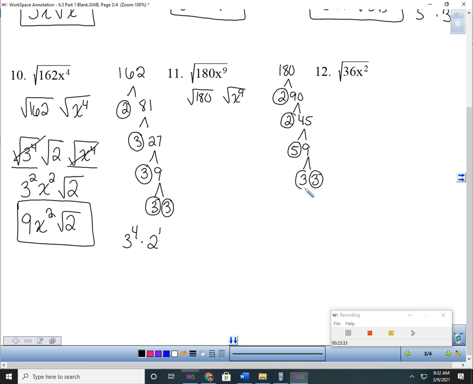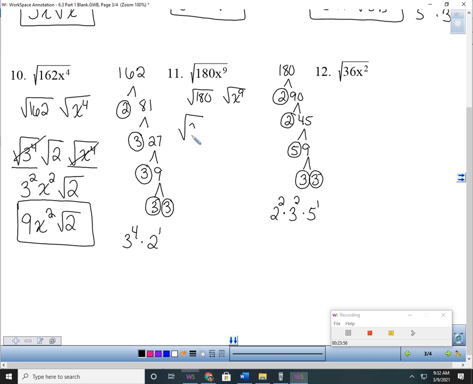So this is the first problem where we have had 3 different numbers, right? So we have 2 2s. We have 2 of the 3s. And then we have a 5 to the first. So look at each one of them individually. Is 2 to the second power a perfect square? Yes.